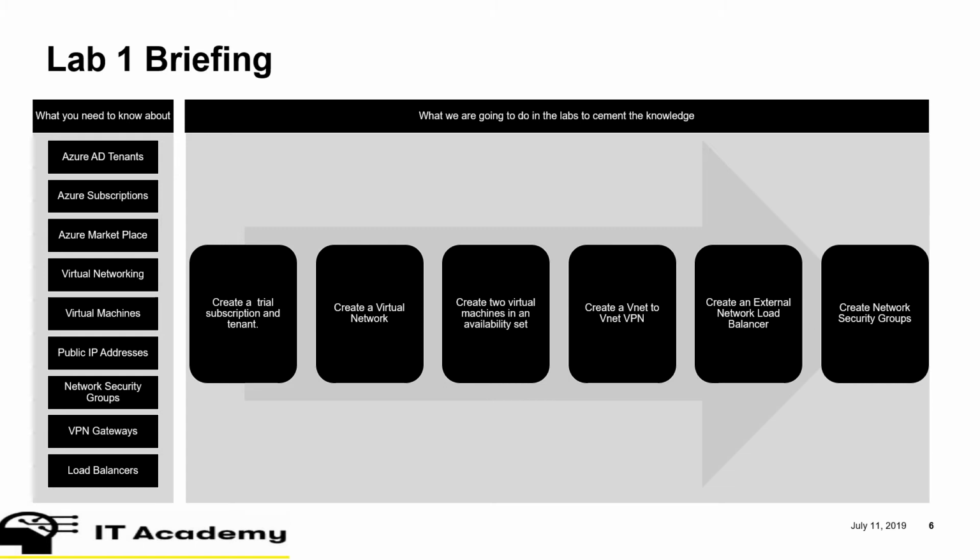We're then going to look at creating a second virtual network and joining the 2 virtual networks together using a VNet VPN. Normally in Azure, a VNet to VNet VPN is something we would create between tenants. The reason I want you to get used to creating a VNet to VNet connection is because I want you to have a really solid understanding of the Azure Virtual Network's VPN gateways.